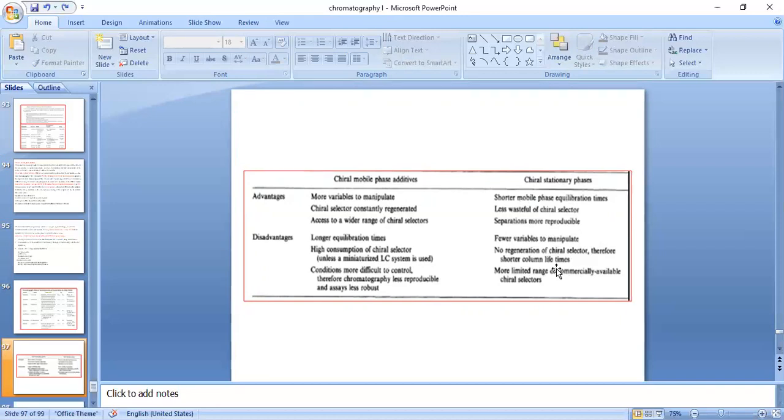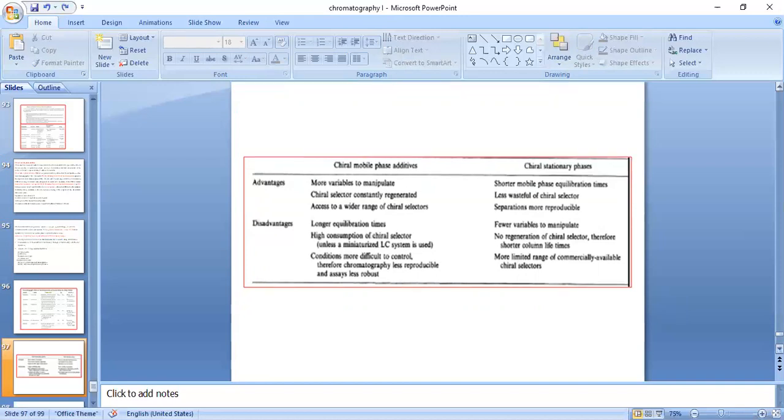It is once synthesized and it will always be like that. So you have no advantage wherein you can modify the chiral environment. While in case of additives, you have this advantage that you can use any type of additive to bring out the efficient separation. So this ends our chiral separation.